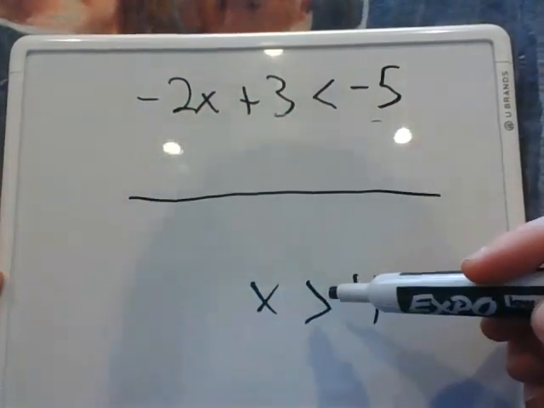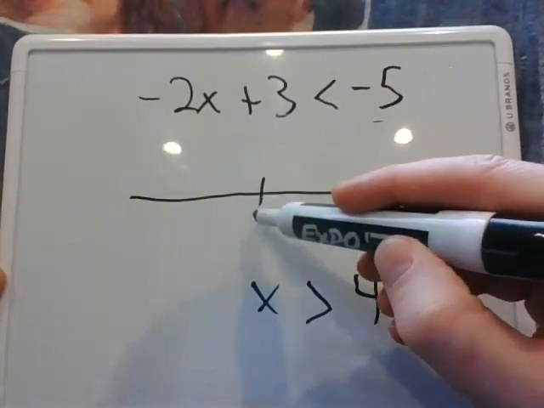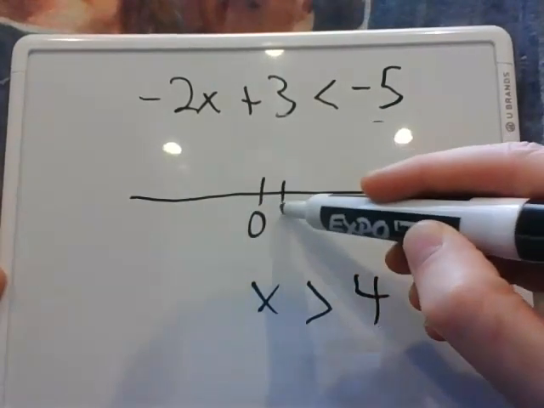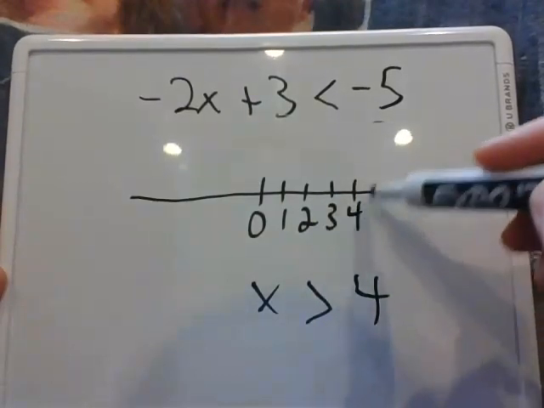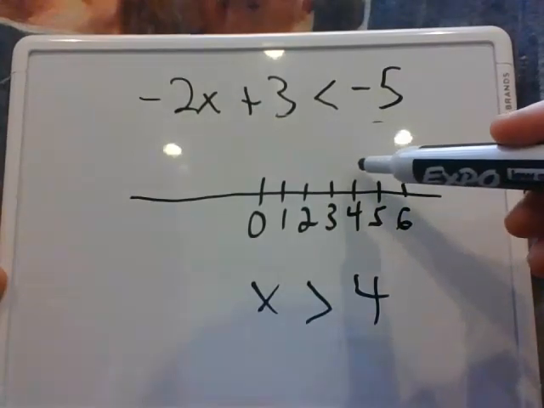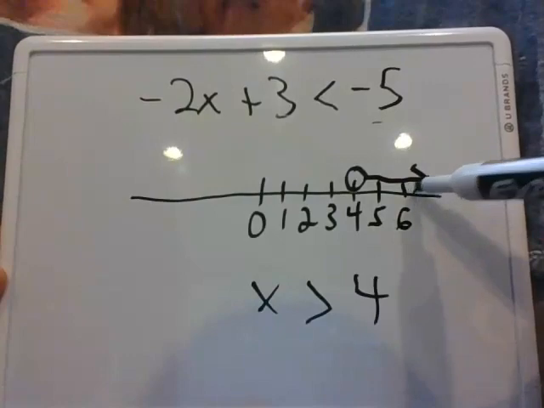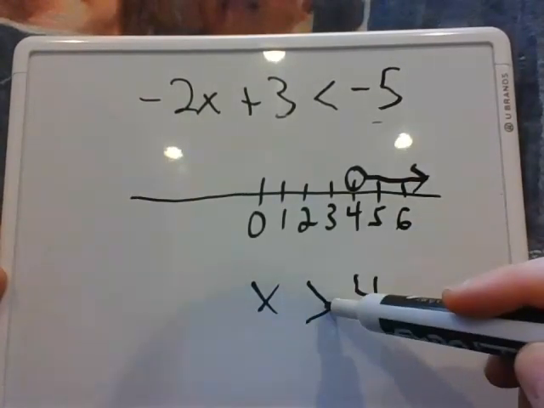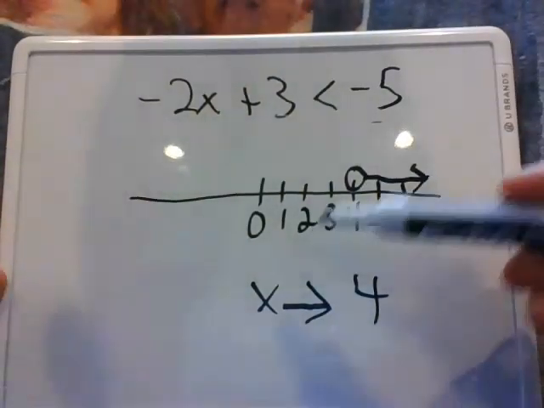Remember, this is a greater than, so a greater than or less than has an open circle. So I'm going to be 0, 1, 2, 3, 4, 5, 6, and so on. It will be something like this: open circle, and pointing in the same direction as this is pointing. Notice that this can be like an arrow that points in that direction. So this arrow and this arrow go the same way.